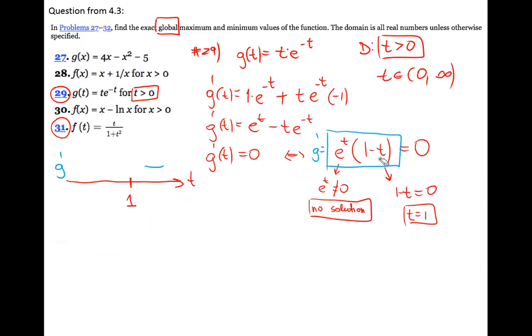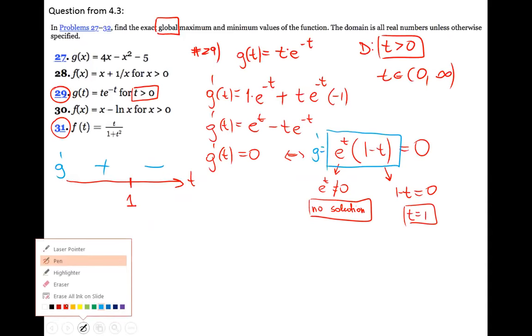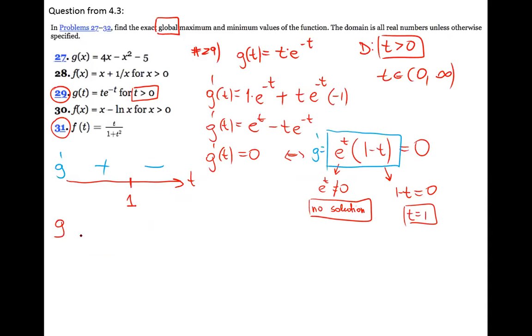And if I put 0 or 1/2, 1 minus 1/2 is positive. Okay, that means I can see that function G is increasing and then decreasing. We do have a local max at t equals 1. And we see a little bit the shape of the function. Probably it's not just a parabola, but that's what we can say.